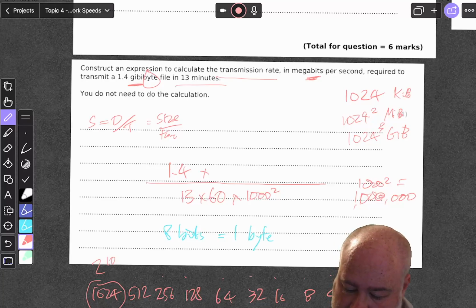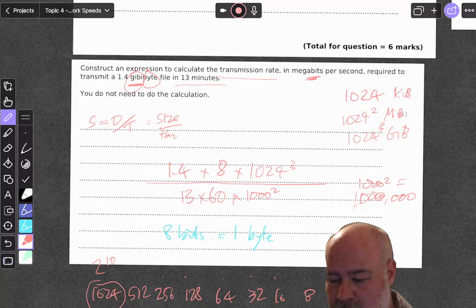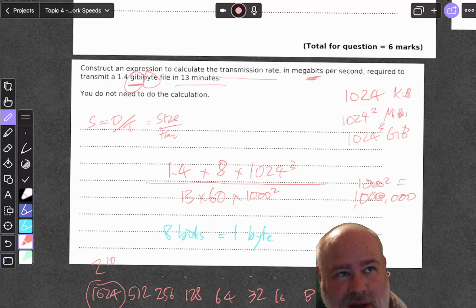So if there are 8 bits in 1 byte, we need to times that by 8, and we also need to make it a gibi. So 1024 to the power of 3, and that's going to give us our transmission rate, our speed. You do not need to do this calculation. There's no need to do that.